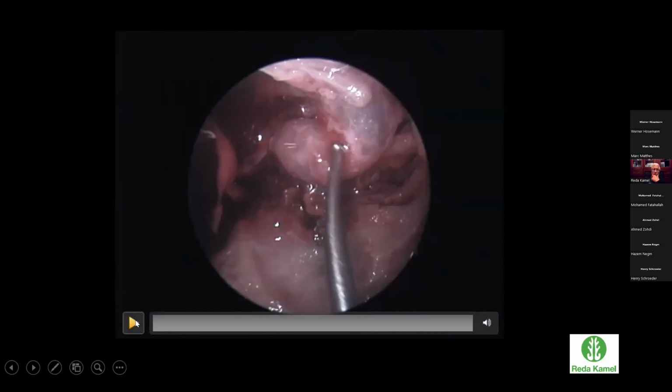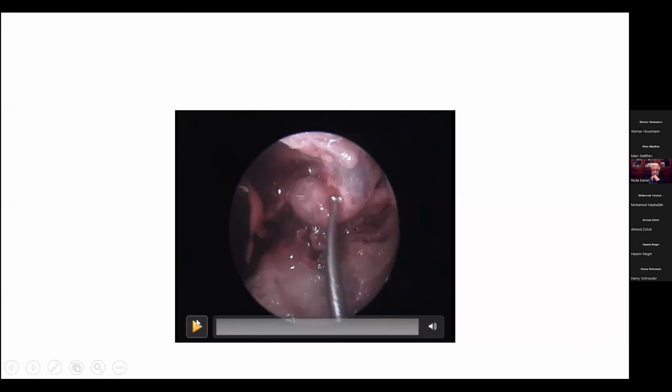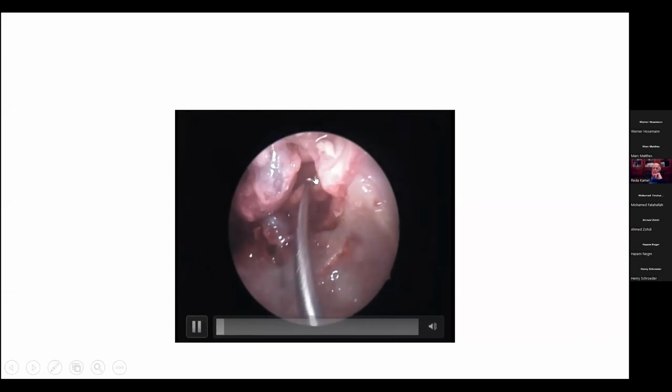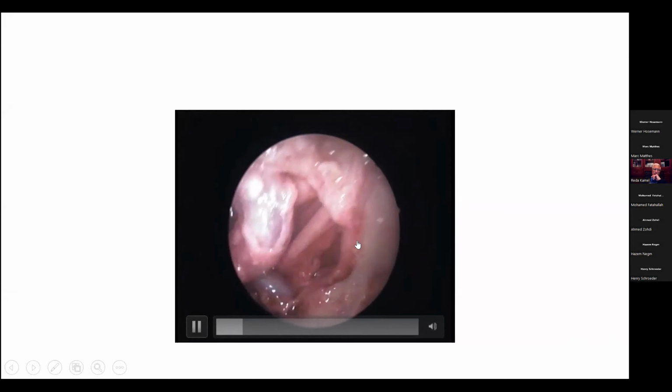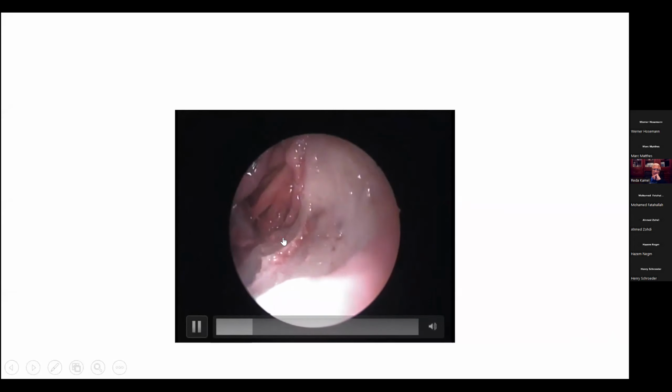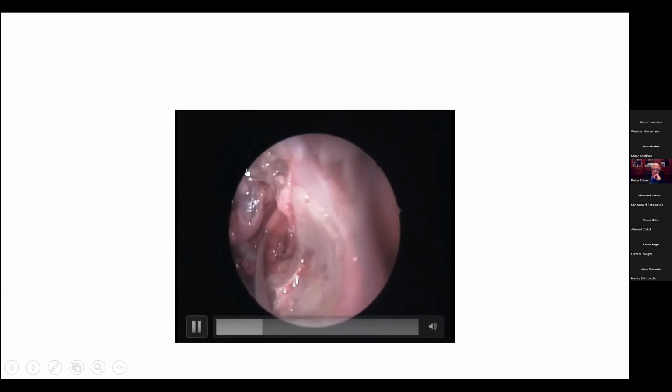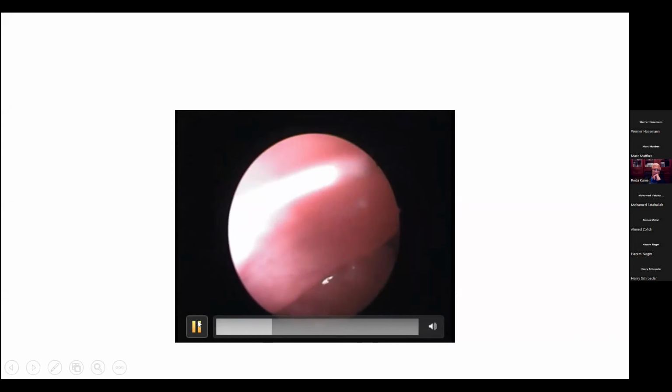And here I just want to show you one of the cadaver dissections as well. This is the internal carotid artery, and we are exposing the siphon.